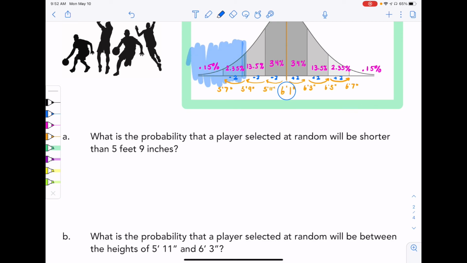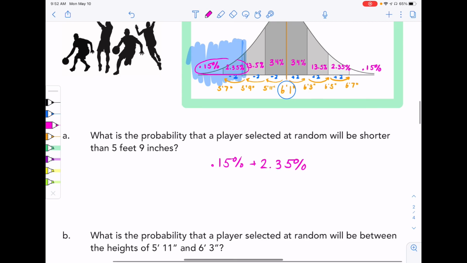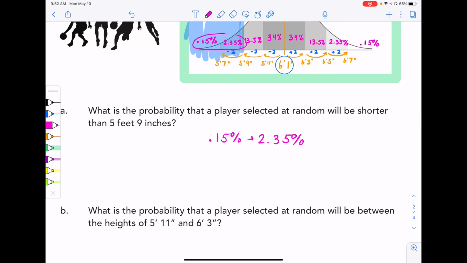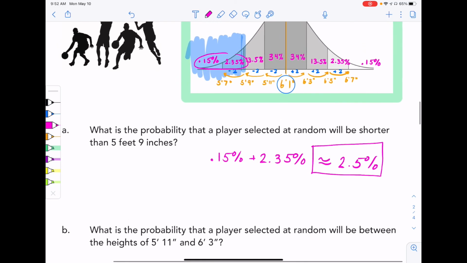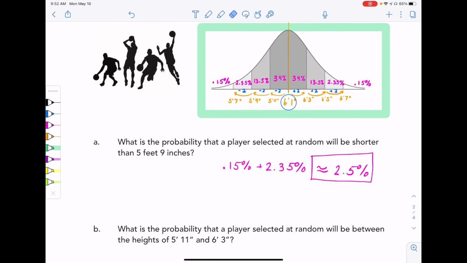We're going to add those percentages together. That's all we're doing here. We're adding 0.15% plus 2.35%, and our solution will be approximately 2.5%. As a complete sentence, I would say approximately 2.5% of the players will be shorter than 5 foot 9 inches. That's what we're looking for as an answer.